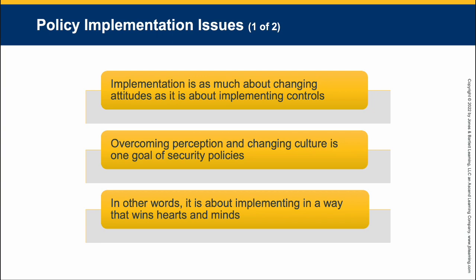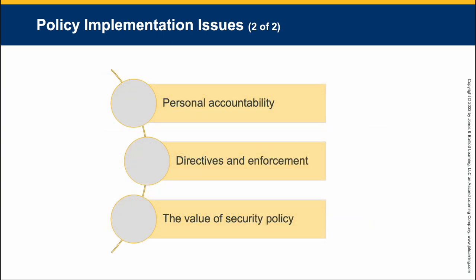You also need to win their hearts and minds. Companies could have an initiative or KPI, which could be a monetary bonus, for example. Also, not forgetting accountability for personnel, directive enforcement, and so on.